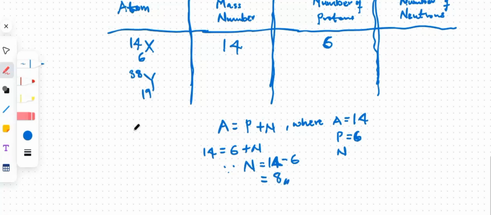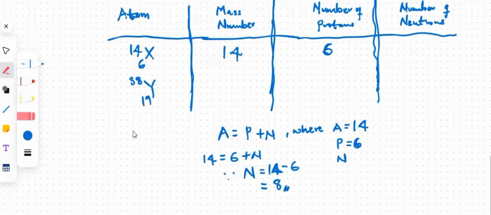So our number of neutrons is 8. Hope you understood this. Is that easy? A faster way to find the number of neutrons is you just do 14 minus 6 here.